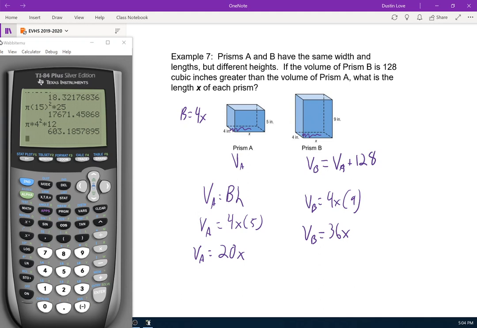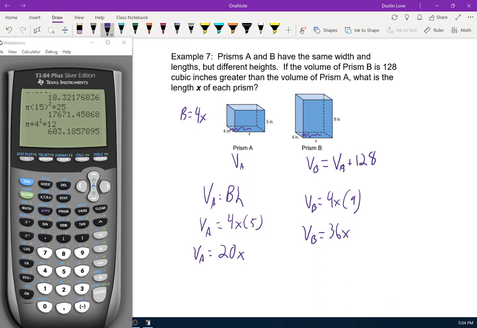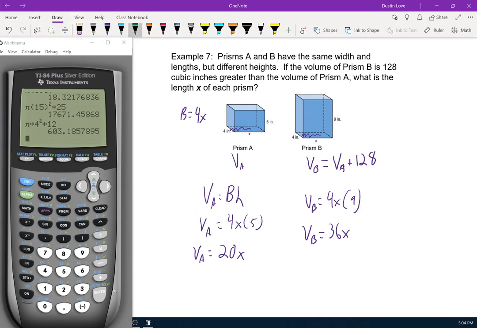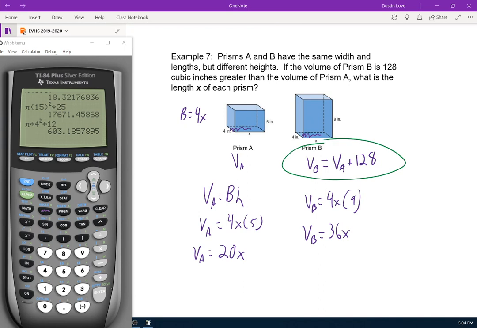Now I'm going to use my substitution property for systems of equations to substitute into this equation. Let me do that in a different color. What I'm going to do is replace volume A with 20X and volume B with 36X.